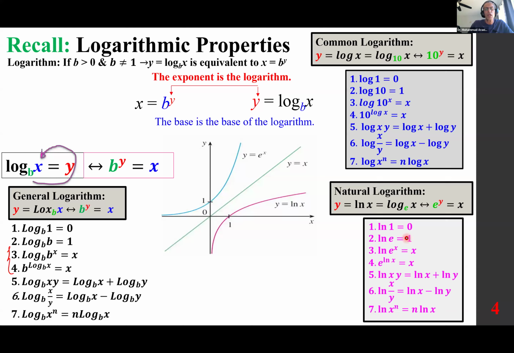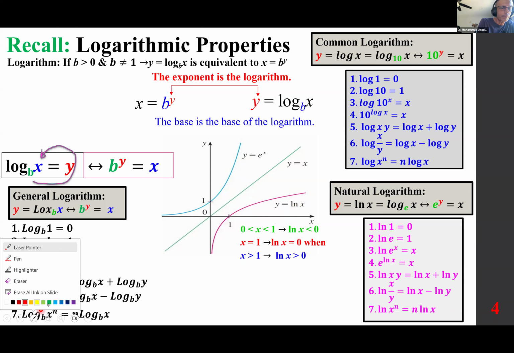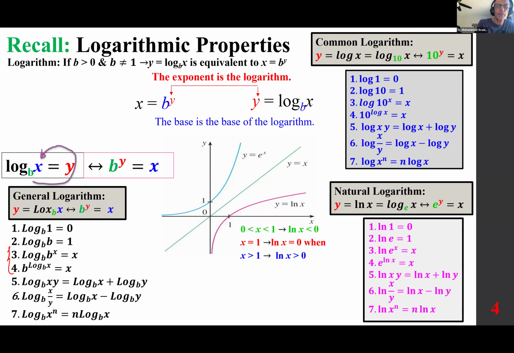Exponential functions and logarithmic functions are inverse functions. If you graph y equals e to the power of x and y equals ln x on the same set of axes, they are symmetric with respect to the line y equals x. Furthermore, look at this point, we are looking at the x-intercept. When x is 1, y or ln x becomes 0.